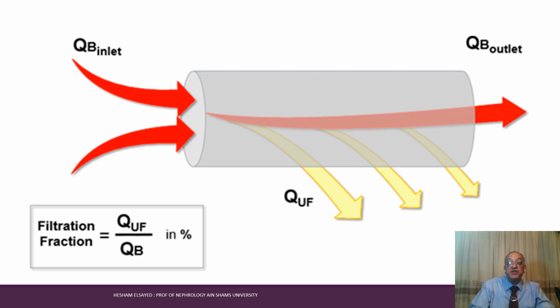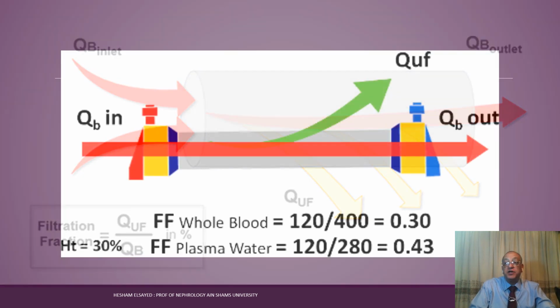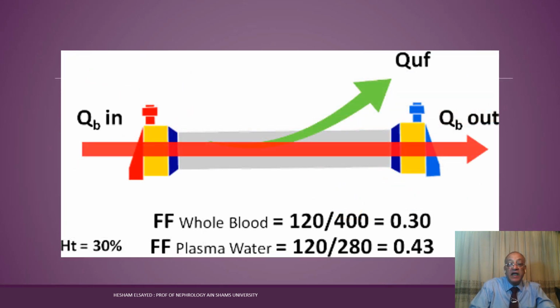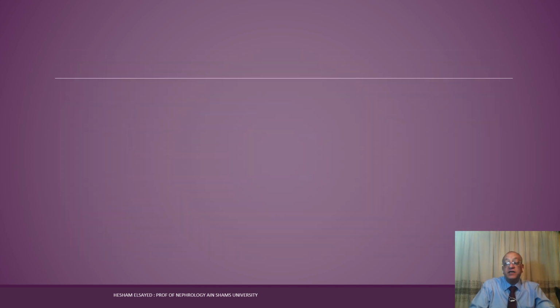So this is the filtration fraction, importantly to have the maximum ultrafiltration against transmembrane pressure in hemodiafiltration, and this filtration fraction should be optimum. And if you increase the dialyzer surface area or the dialyzer ultrafiltration coefficient, you will have a lower filtration fraction if you increase the QB.